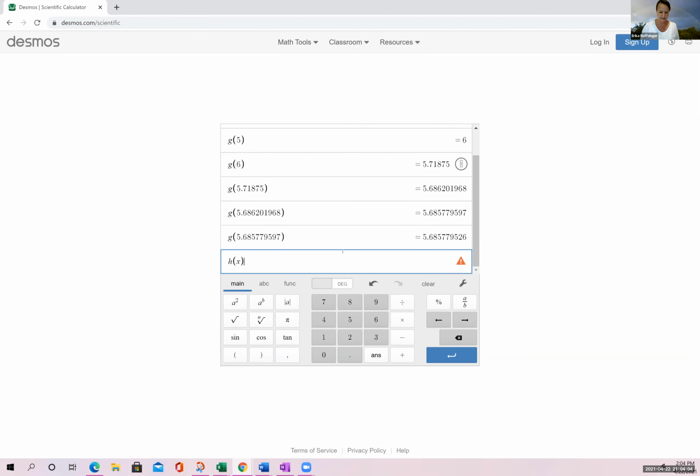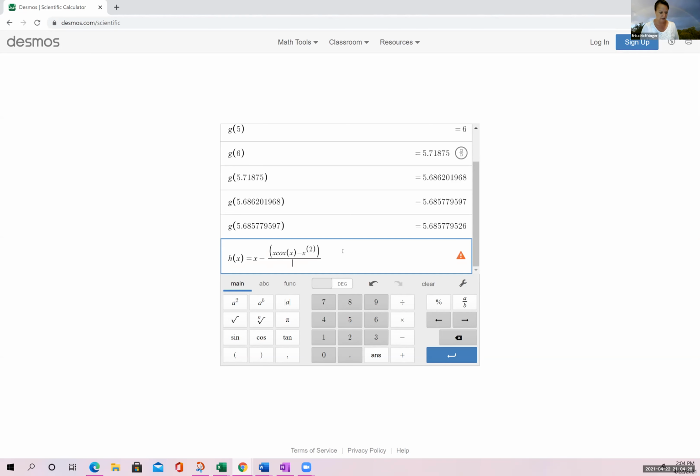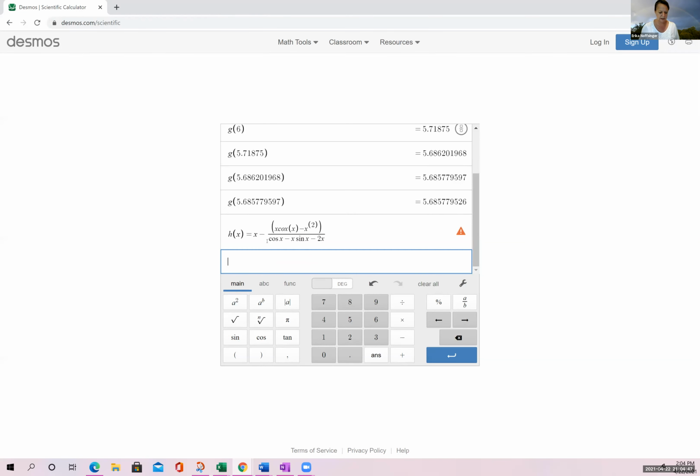So h of x is going to equal x minus parentheses my original function, which was x cosine of x minus x squared, all divided by the derivative, which we found to be cosine of x minus x sine x minus 2x. It doesn't like something in here.